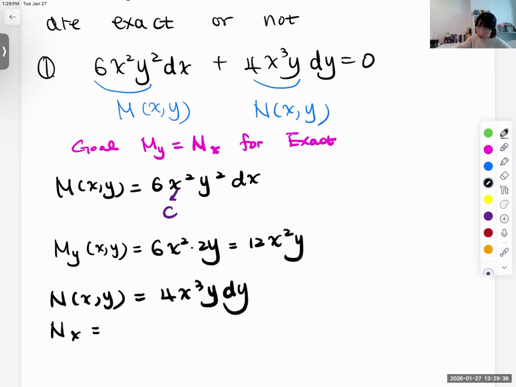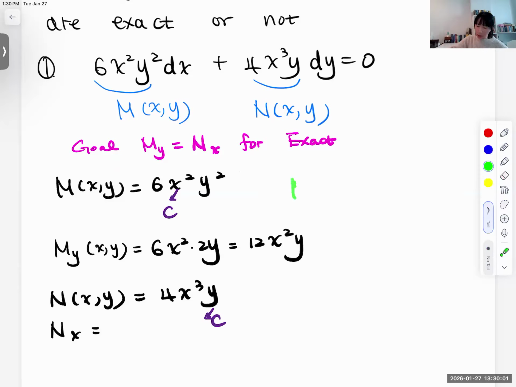So that means y is constant, right? Normally I don't put the dx dy because the equation does not include them.